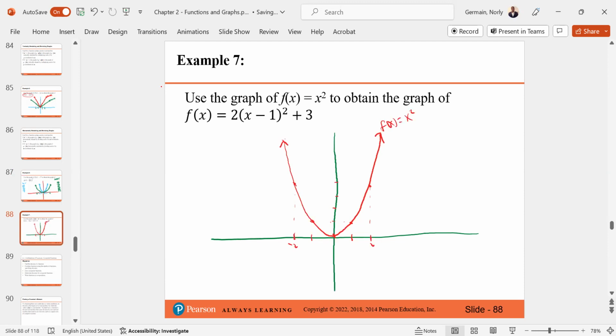Now, with that one, it might require more work, because we're going to graph using a sequence of transformations. You can transform this one multiple ways.